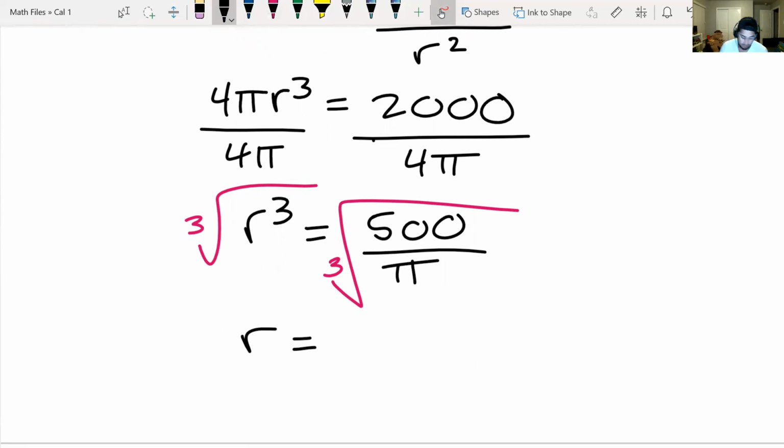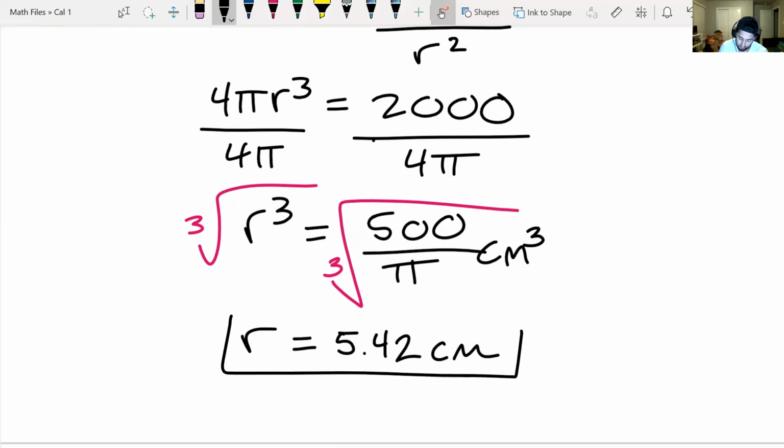I get, to 2 decimal places, 5.42. Oh, and by the way, this was in cubic centimeters. So this means that r has to be 5.42 centimeters.